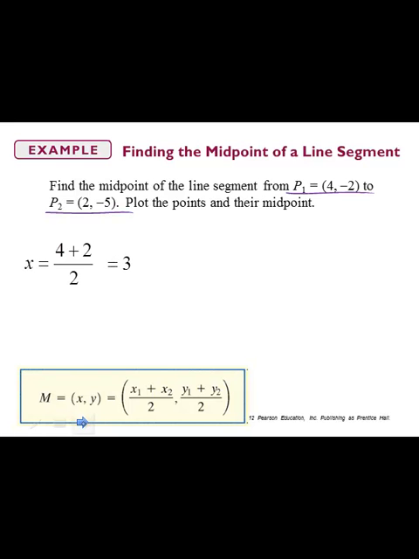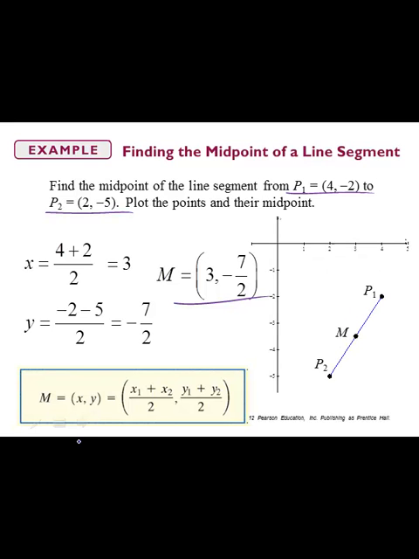And also take the average of the y coordinates, negative 2 plus negative 5, which is negative 7 halves, which is negative 3 and a half. So we now have the coordinates of our midpoint, 3, negative 7 halves.